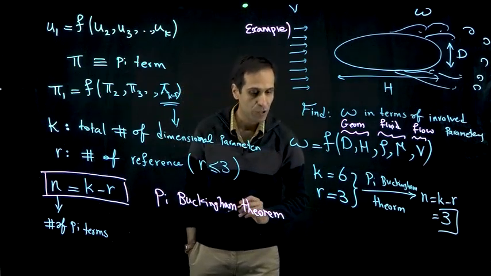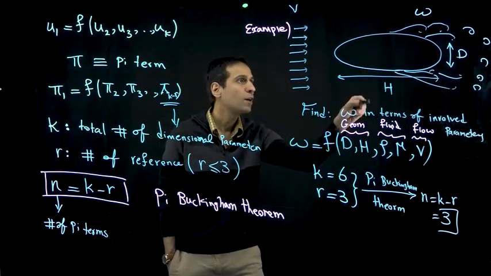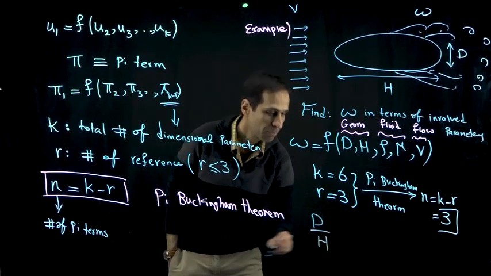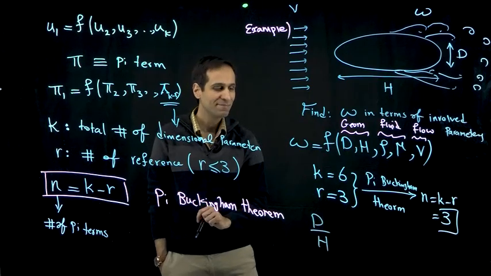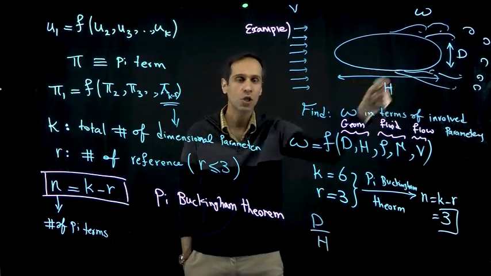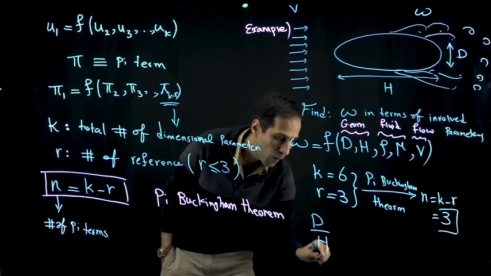For your information, those 3 would be these. The first one, the easy one, is D over H. See, it's just a simple length ratio. The two involved lengths are nondimensionalized with the aid of each other. So it's pi 1.